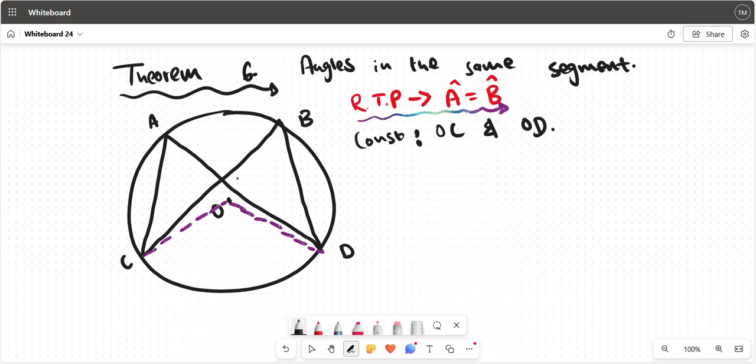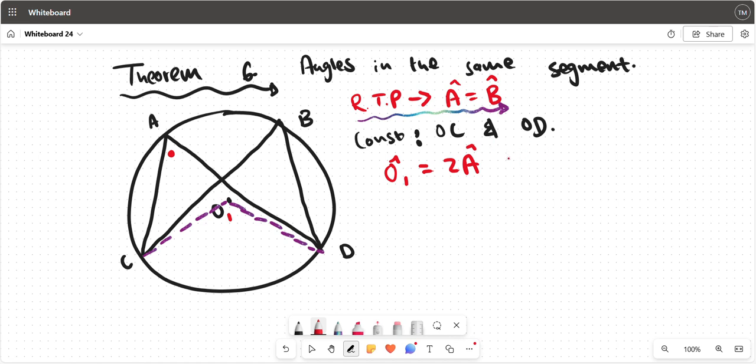Once I have those, I can start to see something. Let's call this side O1. What I'm noticing is that O1, using theorem number 4, is equal to twice angle A.